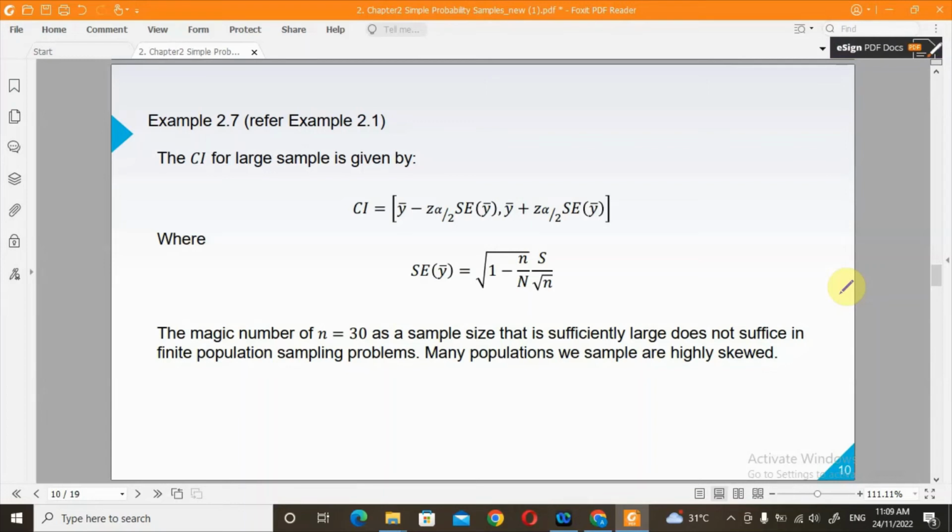many populations that have been sampled using a sample size equal to 30 are proven to be highly skewed. So in this case, you need to make sure that you check everything.